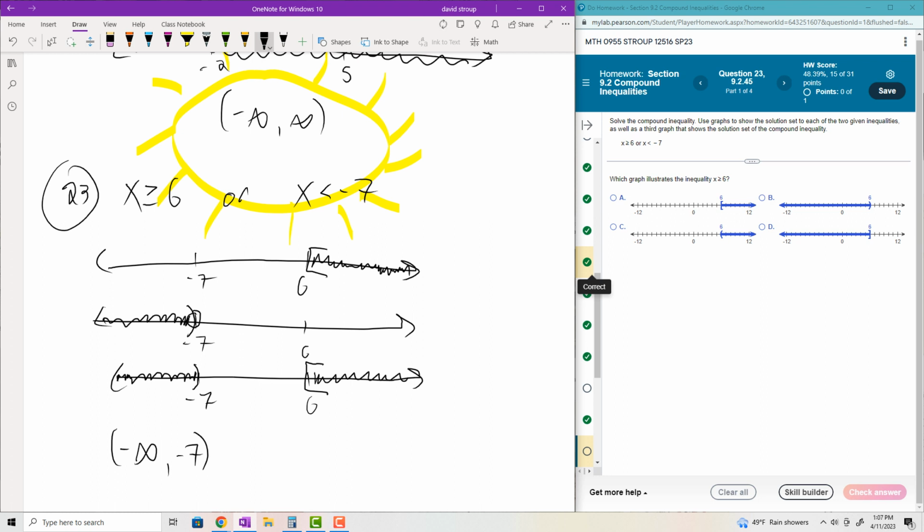And then for the whole, we're going to put this union symbol, this U. Okay, so negative infinity to negative 7 union with the set from 6 to infinity. Okay, so it's a little weird. You have to use the little button on the, I don't know the shorthand typing version of that, but let's put it in, right? So 6 to infinity, including 6.